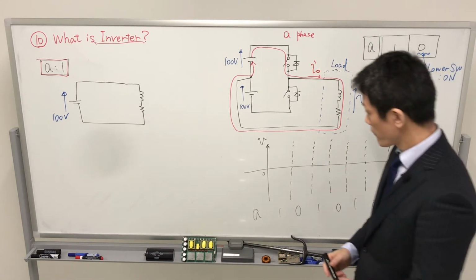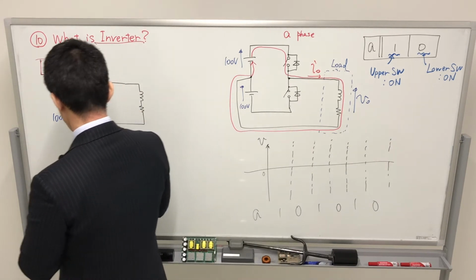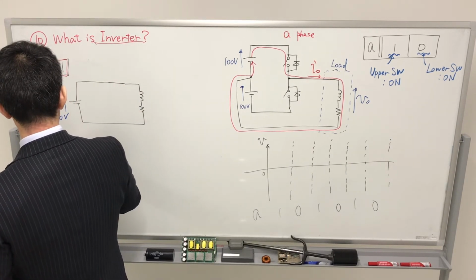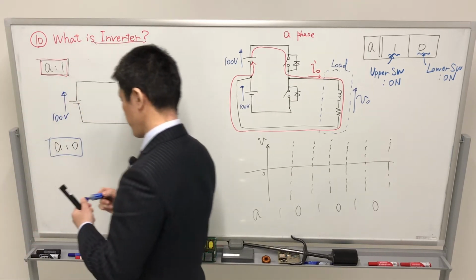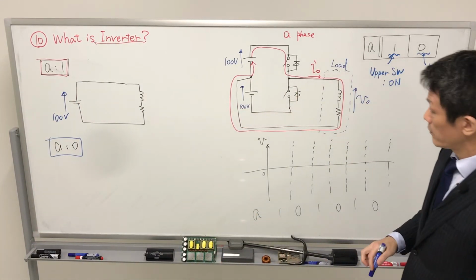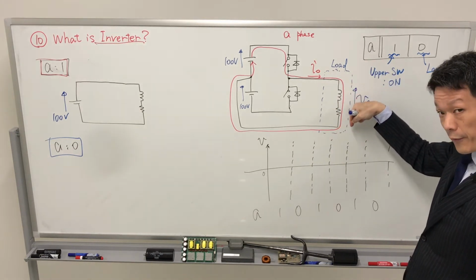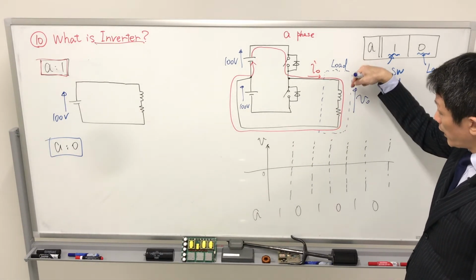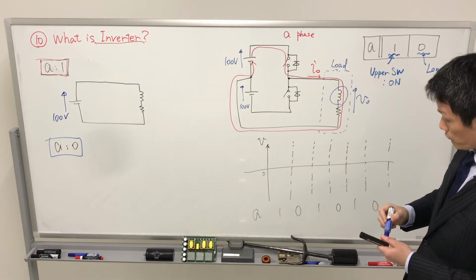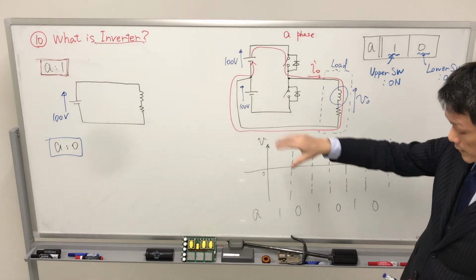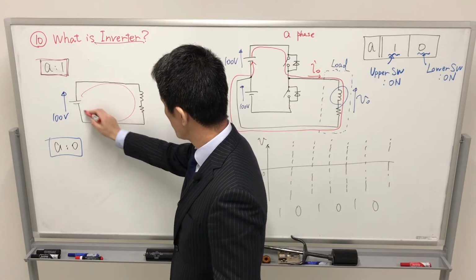And blue line equals 0. Current flows through like this, because of the inductance. First, current flows through here.